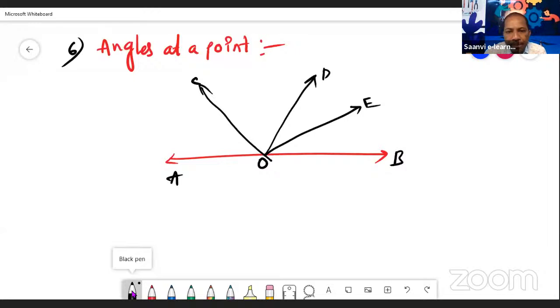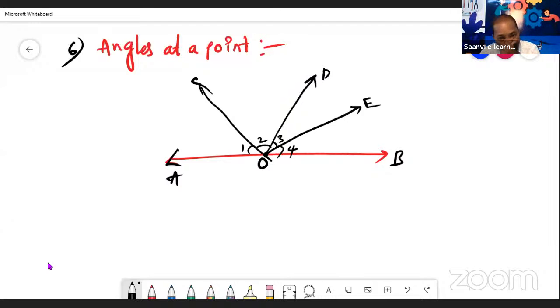So here suppose the angles are formed: angle 1, angle 2, angle 3 and angle 4. Now observe these angles. All the angles are formed at the point O on the line AB, isn't it? Angle 1, angle 2, angle 3 and angle 4.